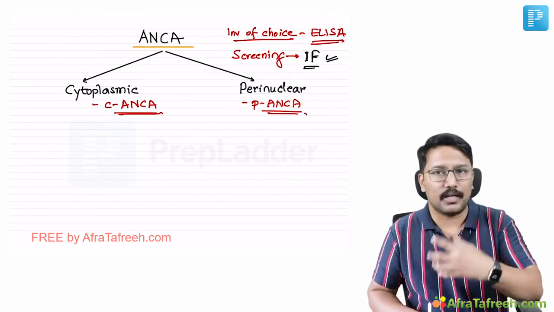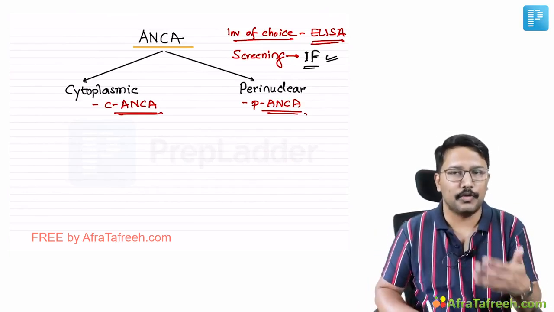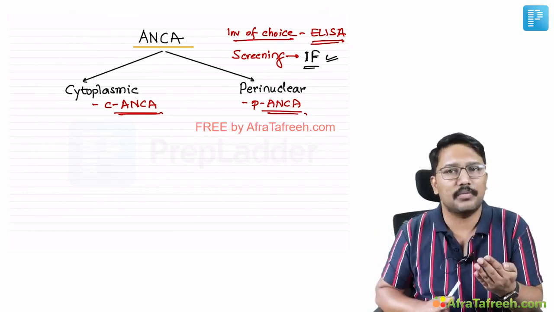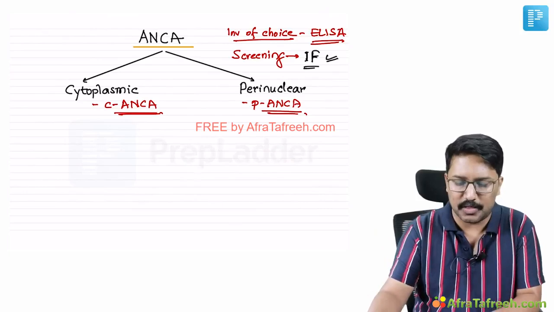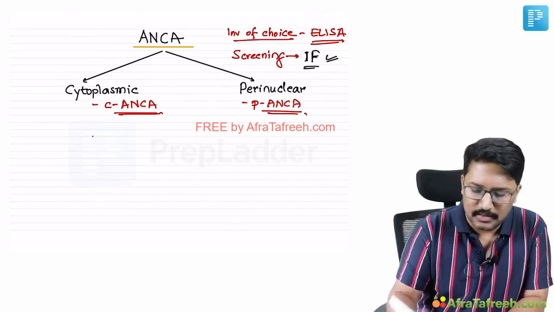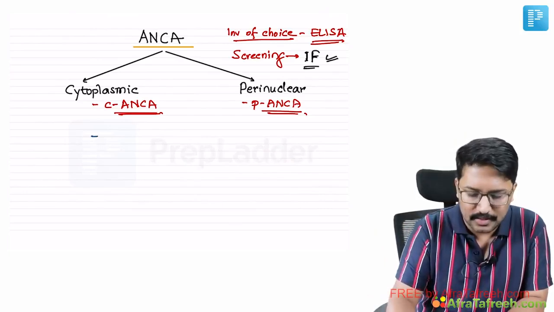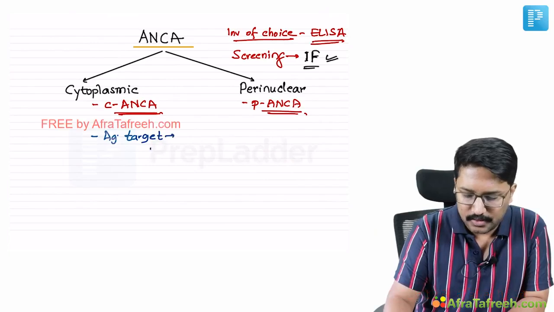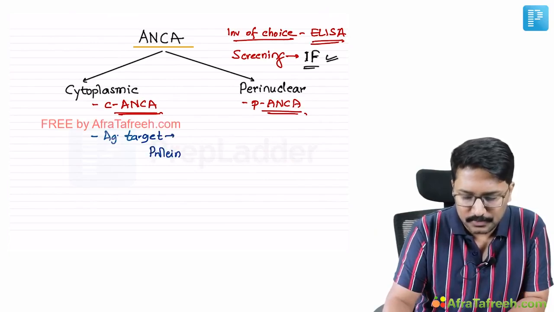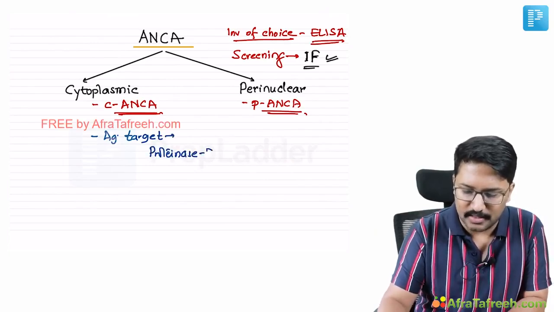Okay, so what is C ANCA and where do we see it? In C ANCA, if you do the screening test, immunofluorescence shows that the entire cytoplasm is smeared with immunofluorescent activity. The antigen target for antibodies here is usually proteinase 3, right?